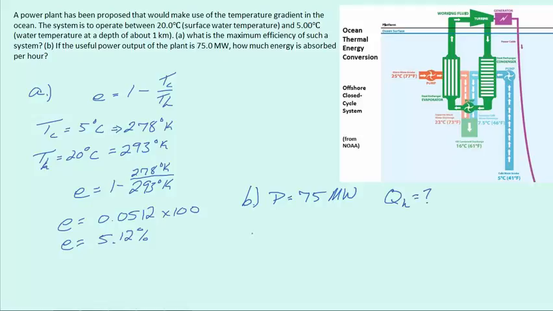If we are given the equation that our efficiency is equal to the work performed by our engine divided by the absolute value of our energy absorbed from the hot reservoir, we can rearrange this equation to solve for our energy from the hot reservoir, which will give us the equation that our hot reservoir energy is equal to the work done by our engine divided by our efficiency.